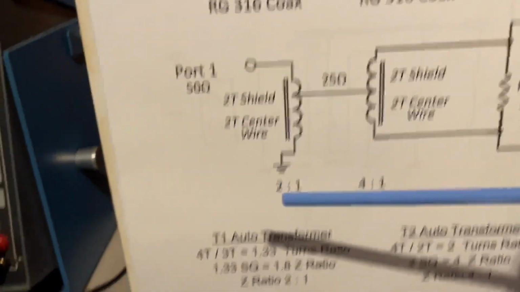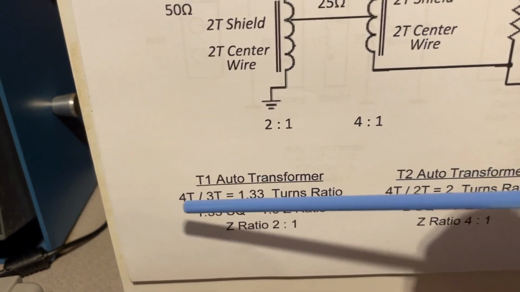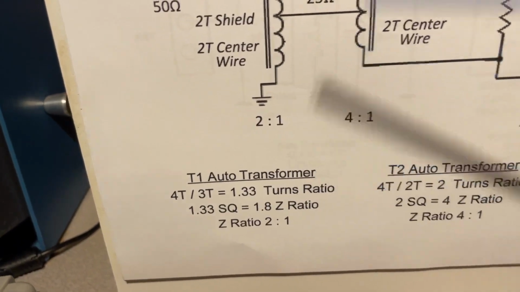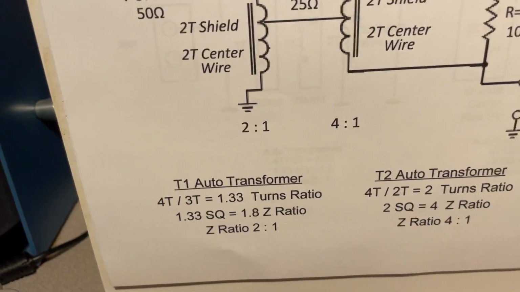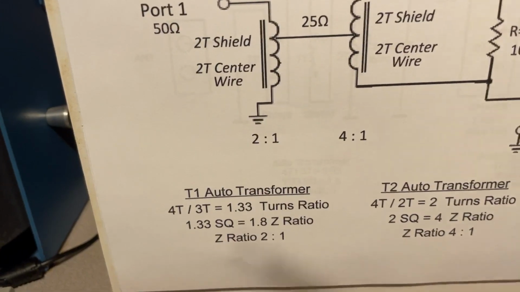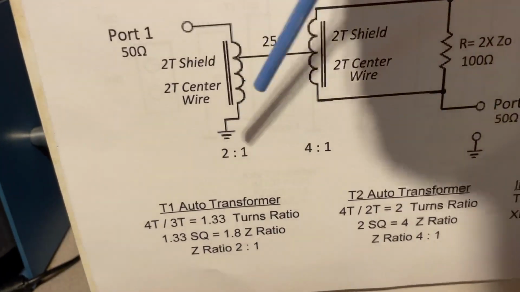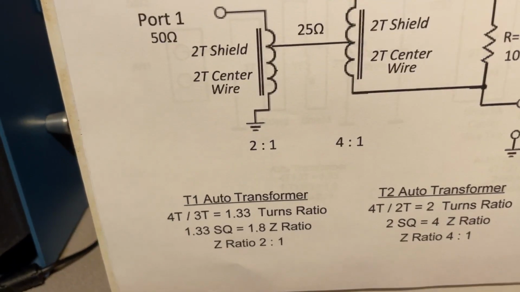So that's what gives it this ratio here, where we have 4 turns to 3 turns. And then turns ratio squared is equal to impedance ratio, which is, as I'm showing here, 2 to 1. So that's how this side of it works, to convert the 25 ohms to 50 ohms.